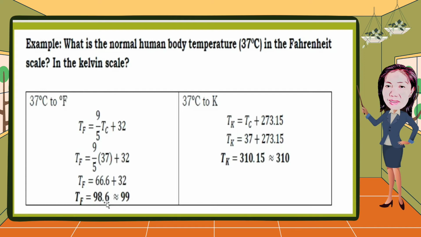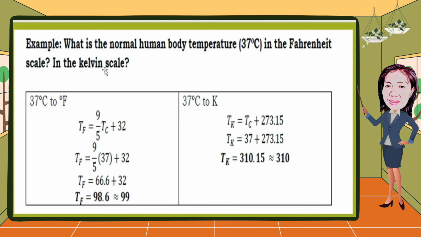So, meaning, tama yung pag-compute mo. And then, round off that one to a whole number. So, since it is 98.6, this becomes 99 degrees Fahrenheit. This is the answer for question number 1.